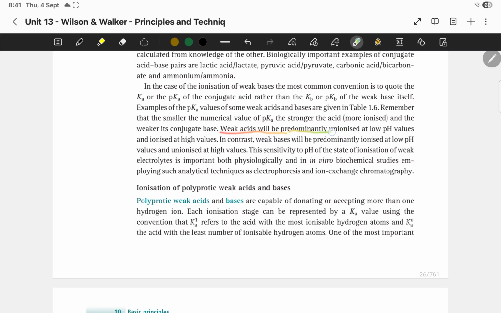Weak acids will be predominantly unionized at low pH values and ionized at high pH values. Okay. In contrast, weak bases will be predominantly ionized at low pH values and unionized at high pH values.